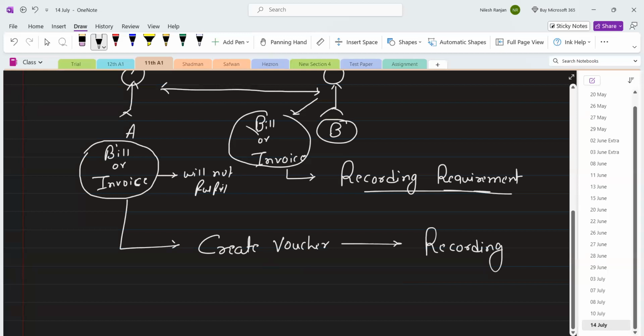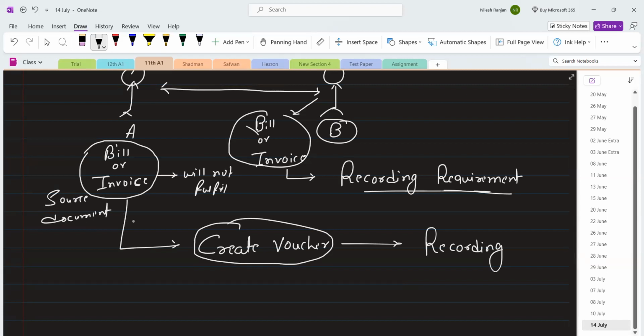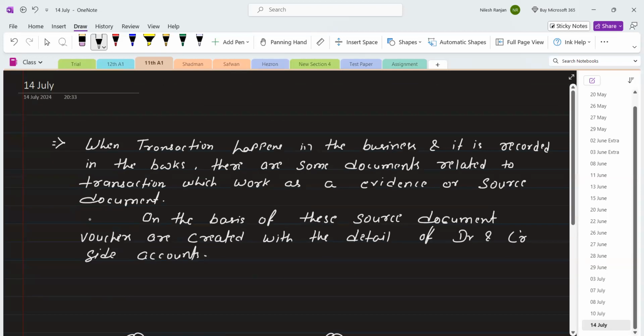So this is the voucher created on the basis of a source document. A source document is also a voucher, but if it is not as per your requirement, then you have to create a separate voucher that is called an accounting voucher. So this is your definition.